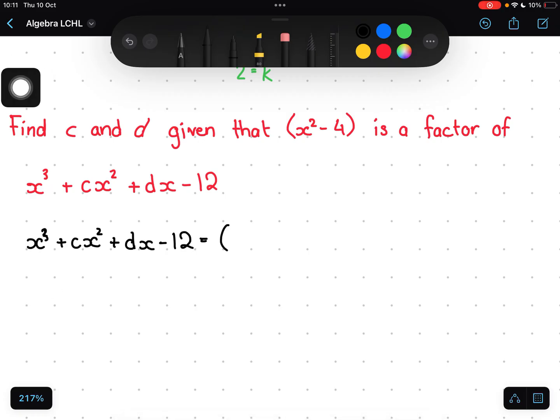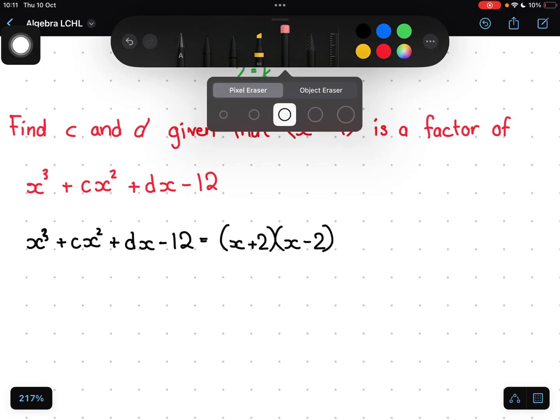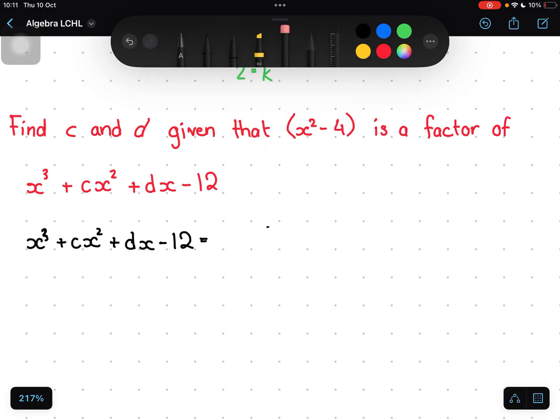You can write it as the x plus 2 and the x minus 2 that x squared minus 4 represents, or you can simply keep it as x squared minus 4, but just recognize that it is 2 factors. So it's 2 of my 3 factors. The other factor wasn't given to me, so I'm going to say that it's x plus k. I don't know my third factor here.